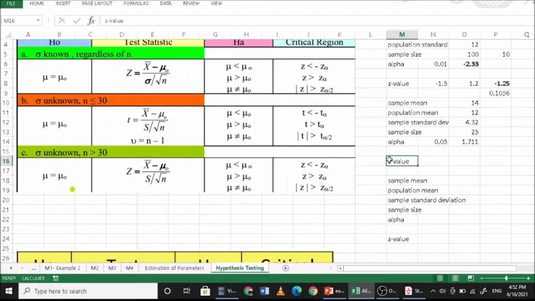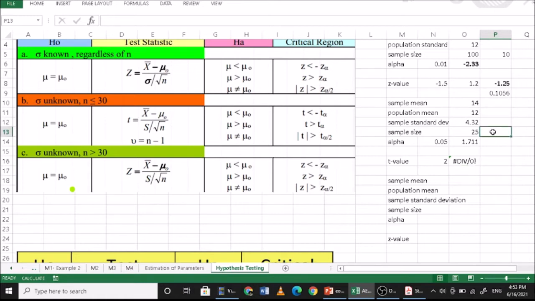So now let's compute the t value. The t value is sample mean minus population mean, over S divided by the square root of n, where S is your sample standard deviation.